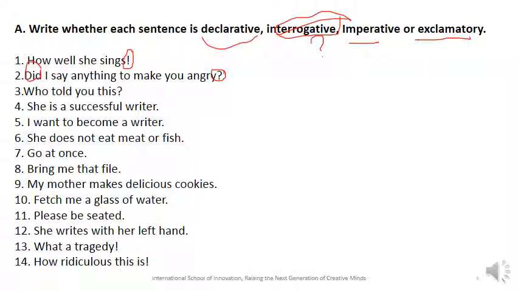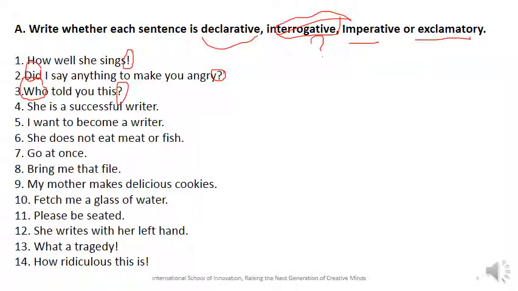Who told you this? It also starts with who, which is a question word, and ends with a question mark. So this is also an interrogative sentence because it's asking a question. She is a successful writer. Here, this sentence expresses a certain opinion.